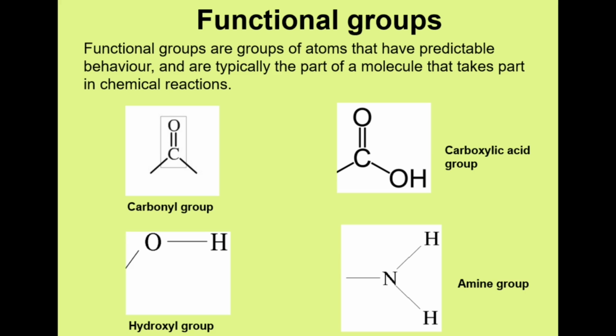So in biology, in biochemistry, there are 7 functional groups that we encounter. But for the moment, I just want to introduce you to these 4. These 4 functional groups are ones that we're going to encounter over the next few sessions. So I just wanted to highlight them at this point so you can look out for them as we go through. We'll start down here on the bottom left because this is the one that's going to be most important to us today.